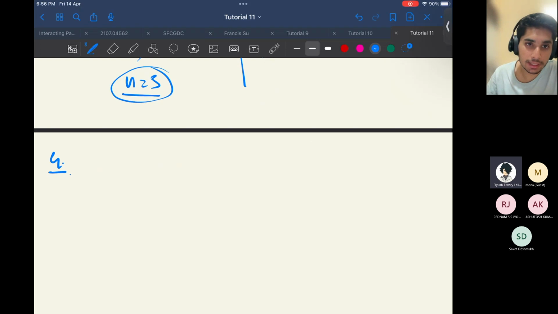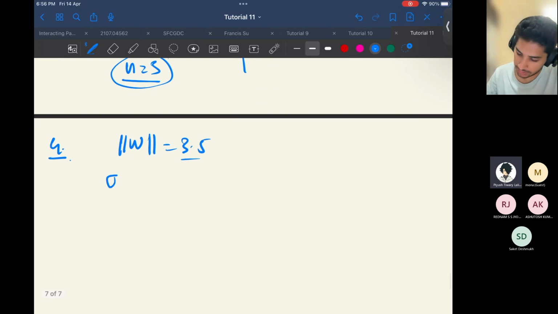The fourth question is saying that we are given an RNN with the norm of the matrix W equal to 3.5. The activation function that we are using, the sigmoid, is logistic.